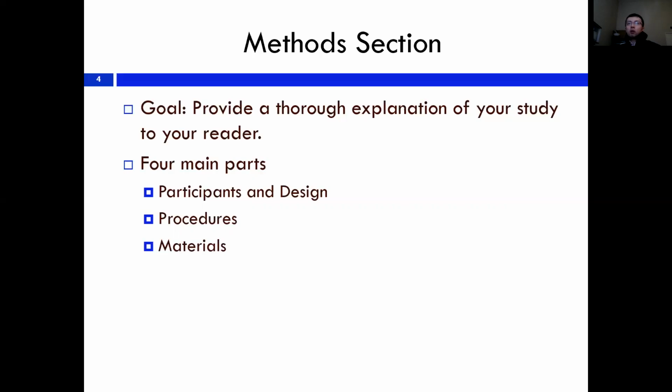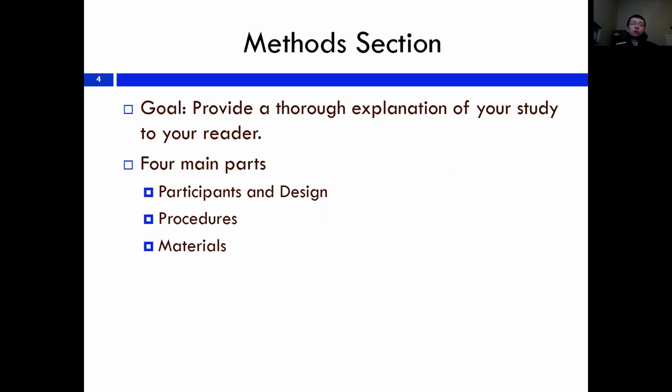So there are four main parts of the method section, speaking of the structure. The first part is participants and design. They can go separately, but since design is sort of short, you can put them together. The second and third parts are procedures and materials, respectively.